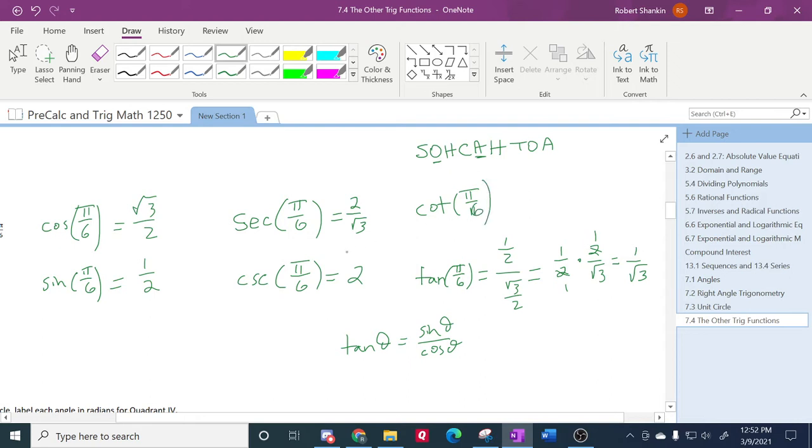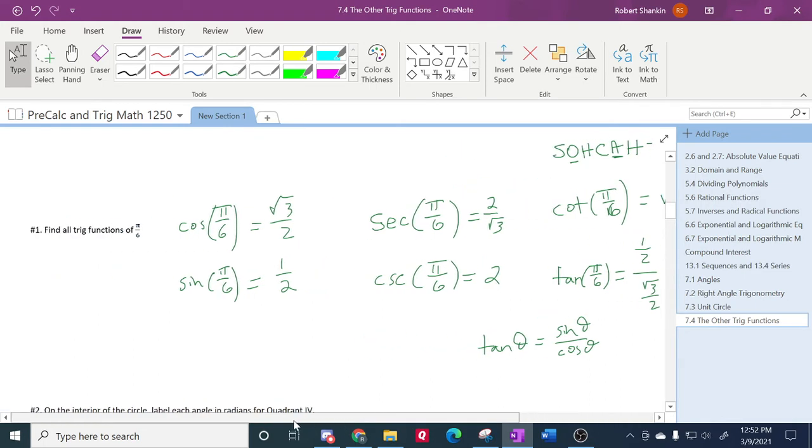I could do the cotangent by cosine over sine, but the fastest is just take whatever you got for tangent and flip it over. Square root of 3 over 1. And there's the 6 trig functions of pi over 6.